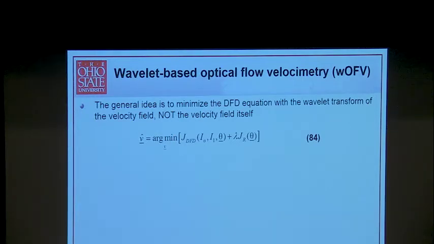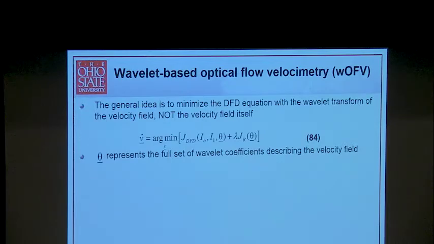We don't do this. We minimize the DFD with the wavelet transform of the velocity field. This theta here represents a full set of wavelet coefficients. We can characterize any signal, whether it's 1D or 2D, with a full set of wavelet coefficients, and you retain all the information. It's just a different way to decompose the signal.